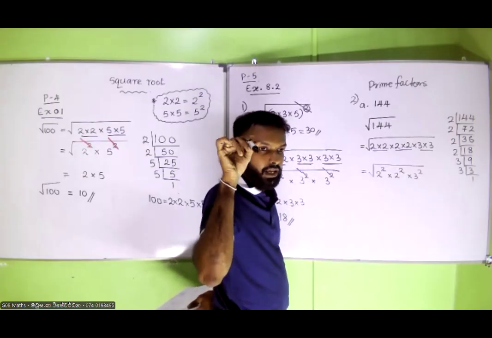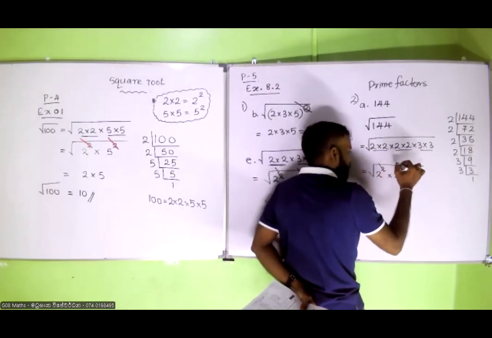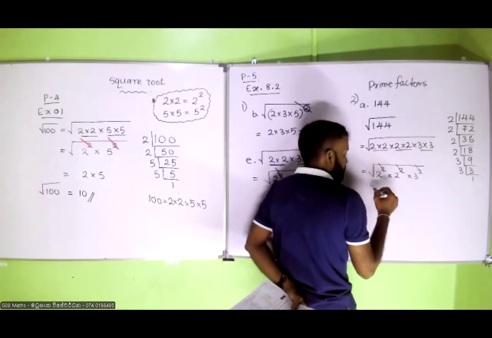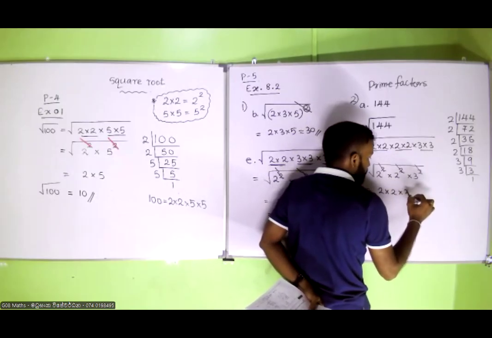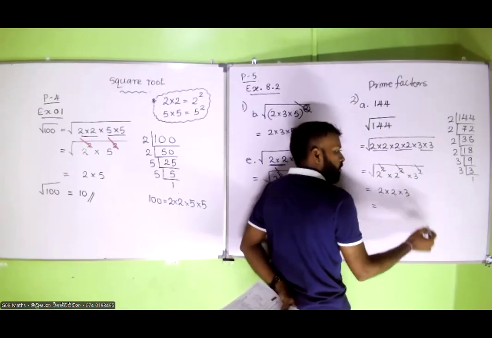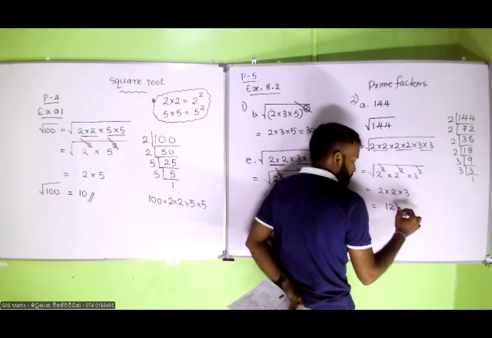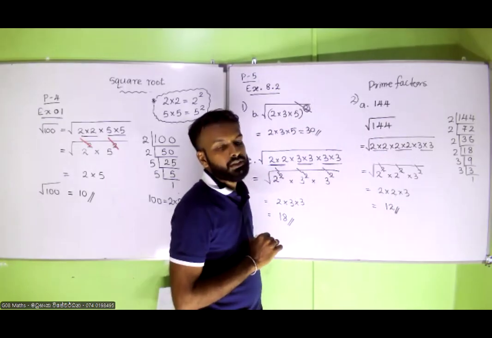That's why I told you to take your pencil and cut it so that you can understand. Cut. So the remaining numbers are 2 multiplied by 2 multiplied by 3. 2 times 2 is 4. 4 times 3 is 12. If you have these steps, your answer is correct.